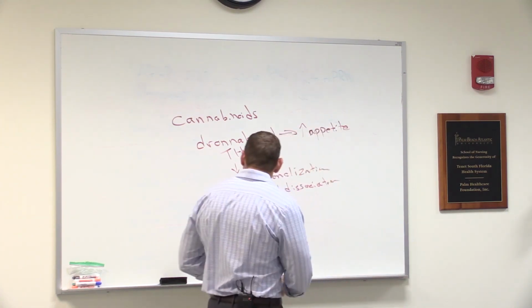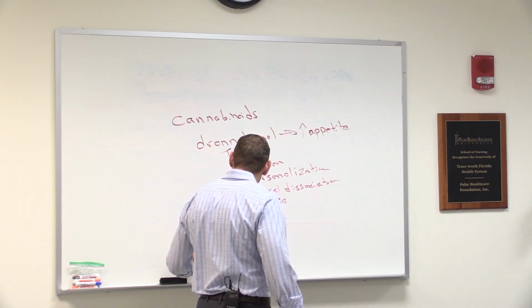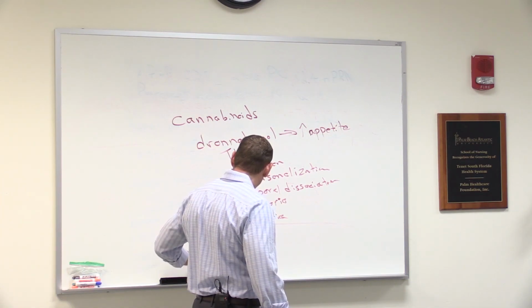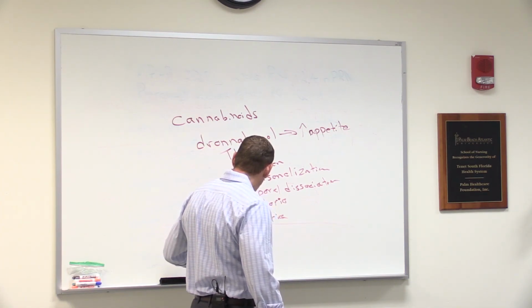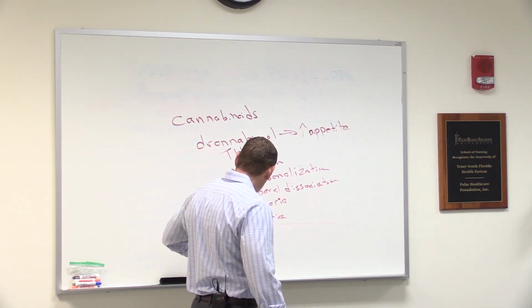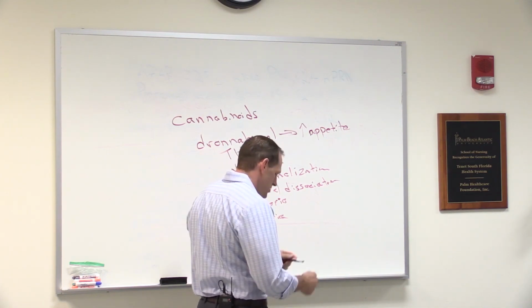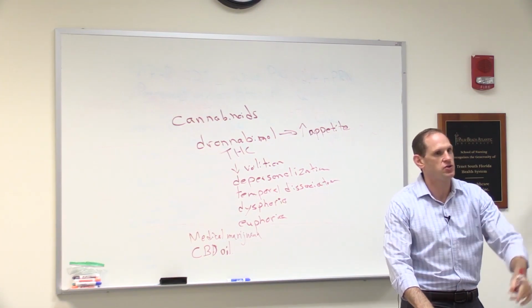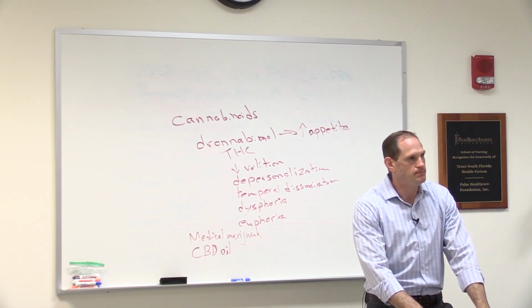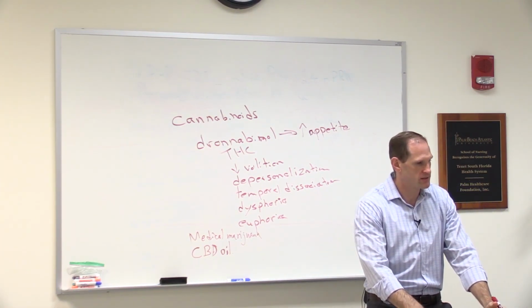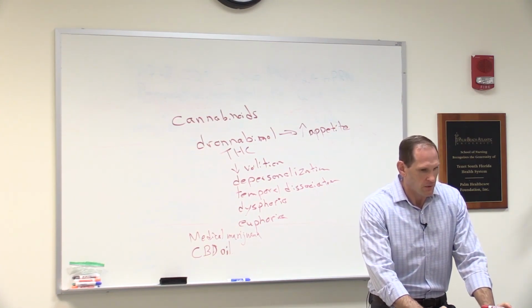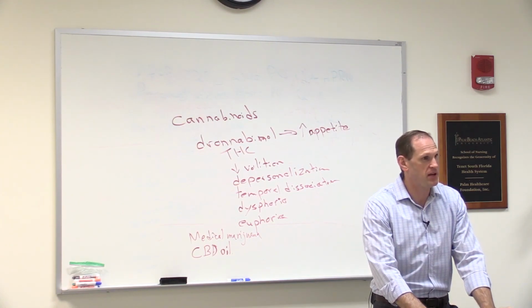Then there's what's called CBD oil. What is CBD oil? Basically, you take the marijuana plant and you turn it into an oil, an essential oil, an essence. There are two different types of CBD oil.